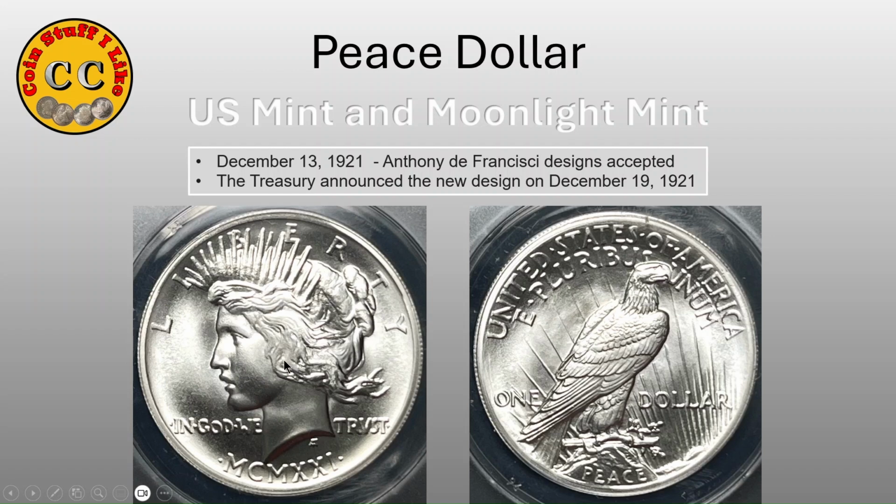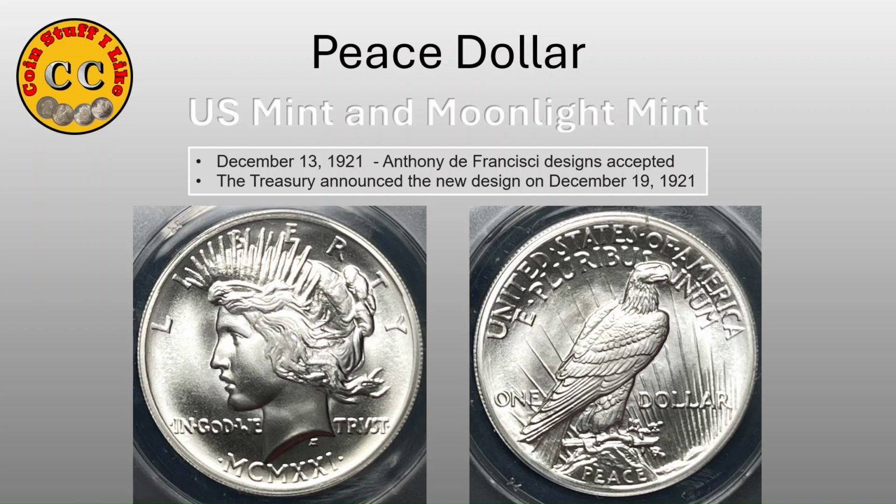By the way, this is a Dan Carr Moonlight mint depiction of the original design. And then this broken sword eagle reverse was also accepted, and ultimately with the Treasury announcing the new design on December 19th. Again, 11th hour stuff, December 19th, 1921.